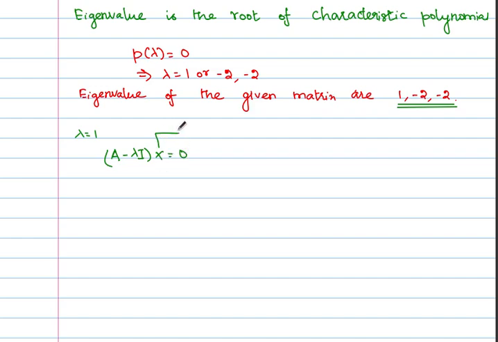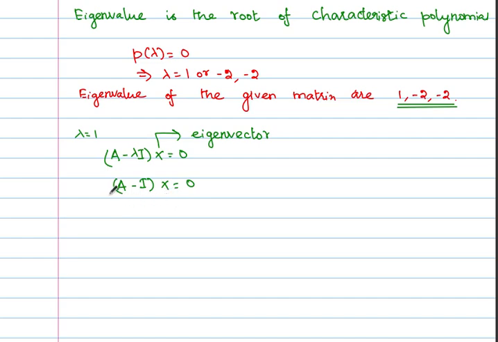This x we call the eigenvector. Clearly lambda is 1, so A minus I times x equal to 0. Our aim is to find the solution of this equation.